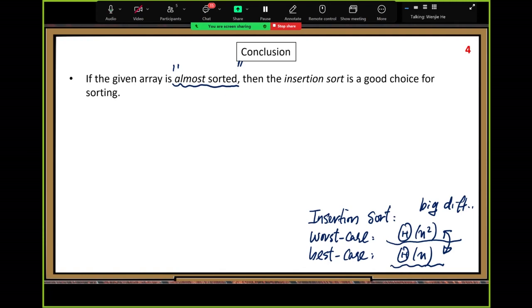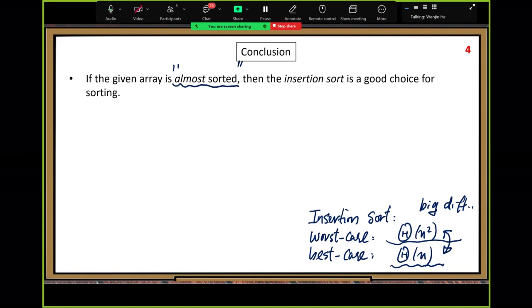You can only find a few small locations where the elements are not in order. Other than those small bad parts, the remaining elements are in order. That property.